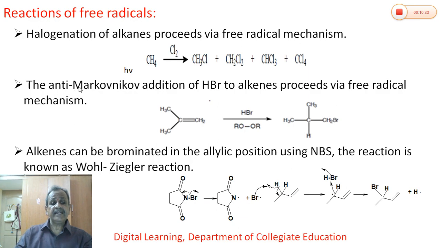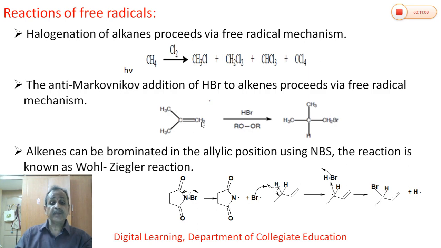Then anti-Markovnikov addition of HBr to alkene proceeds via free radical mechanism. In case of Markovnikov addition of hydrogen halide to unsymmetrical alkene, hydrogen goes to the carbon containing more number of hydrogen atoms. That is Markovnikov addition. According to that, hydrogen goes to this carbon, becomes CH3, Br goes to this carbon, we get CH3, CBr, CH3, CH3.